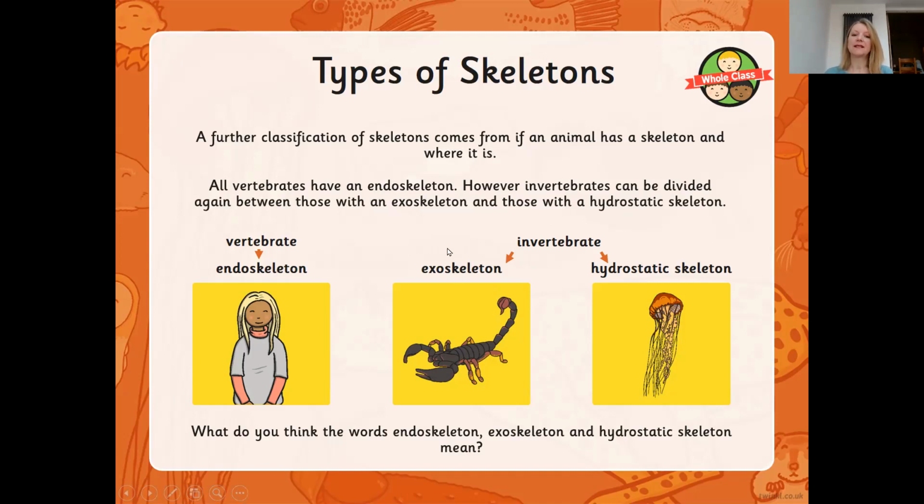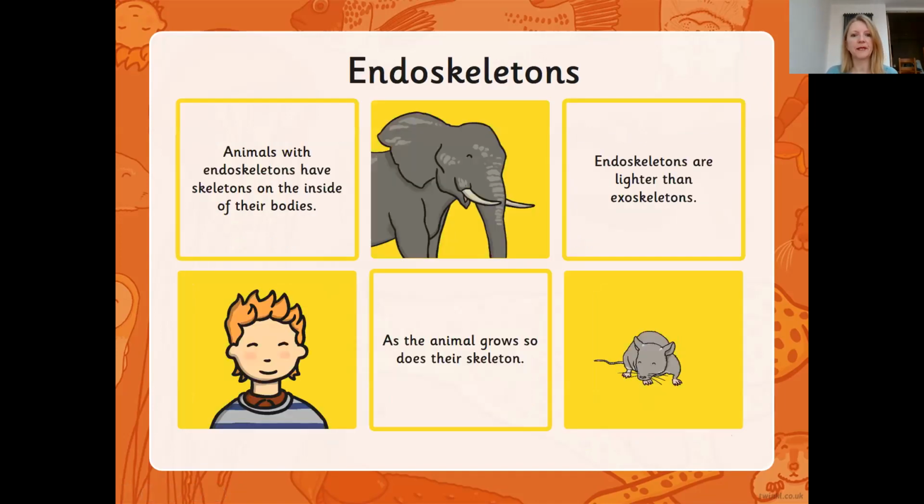Exoskeletons, that means they have a hard outside of their body. And hydrostatic skeleton. Okay, so endo are the inside skeletons, exo, the outside skeletons, and hydrostatic. This bit, hydro, comes from water. So it's fluid-filled compartments. Let's have a closer look at those different types of skeleton.